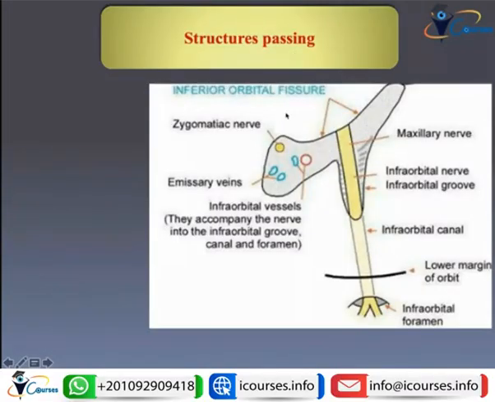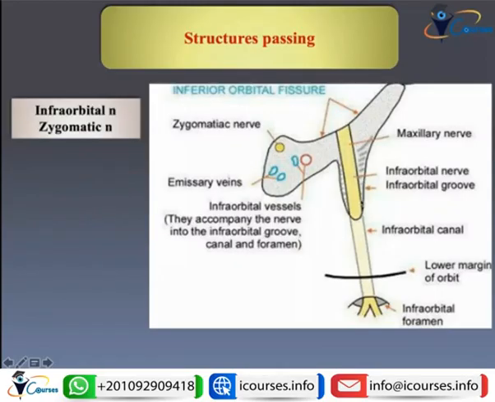And here we come to the structures passing through it. So here is the infraorbital fissure, and from it there is an infraorbital canal, as you can see here. There is a nerve that enters the infraorbital fissure, called the maxillary nerve. Then this nerve will pass through the infraorbital groove and the infraorbital canal, and its continuation will be called the infraorbital nerve.